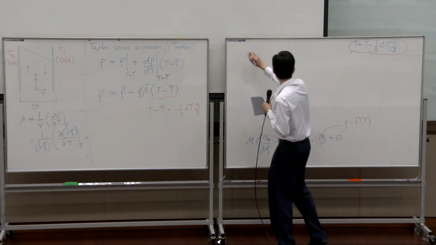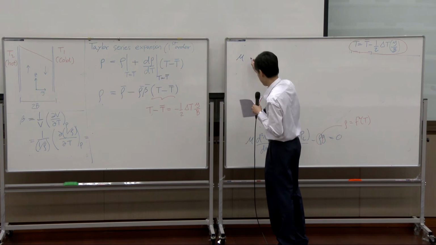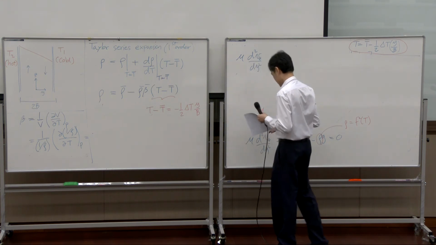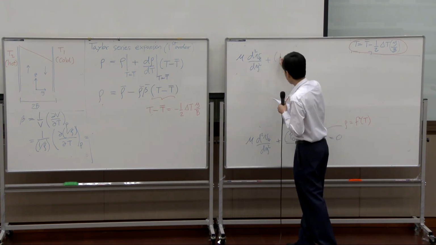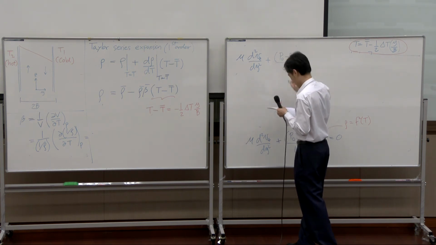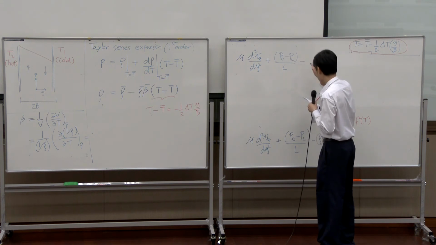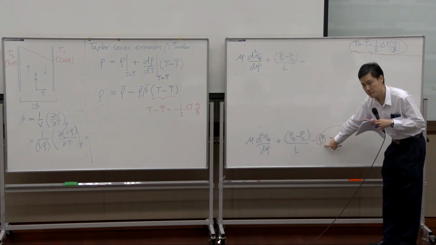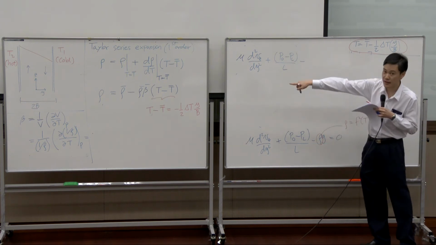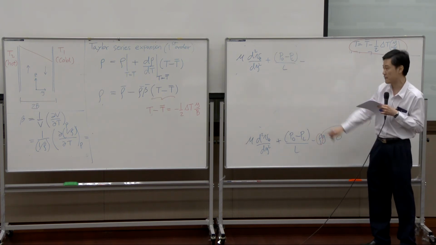So I'm going to copy my equation, mu d square Vz by dy square plus pressure minus this rho g term. Now I'm going to use the equation of state that we just derived.